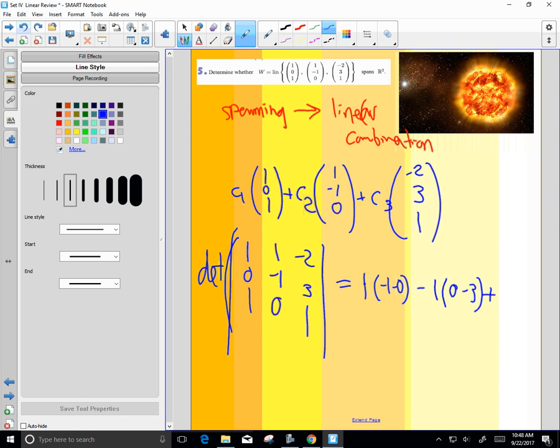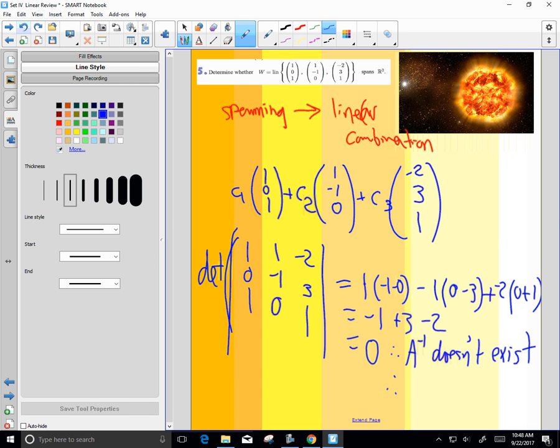Plus negative 2 times, cover this up, 0 minus negative 1 will be 0 plus 1. So this is going to be 1 times negative 1 plus 3 minus 2. What's that equal to? 0. Therefore, A inverse doesn't exist.